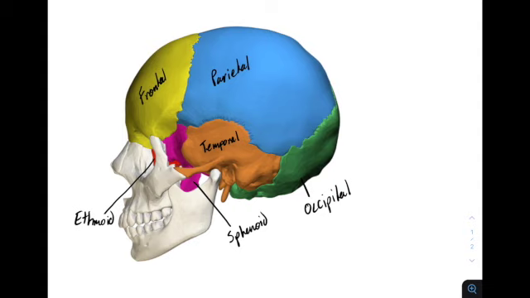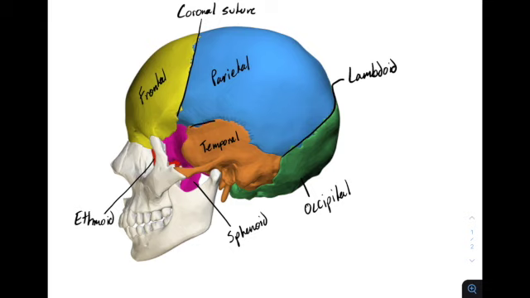The frontal and parietal bones form the coronal suture. The parietal and occipital bones form the lambdoid suture.